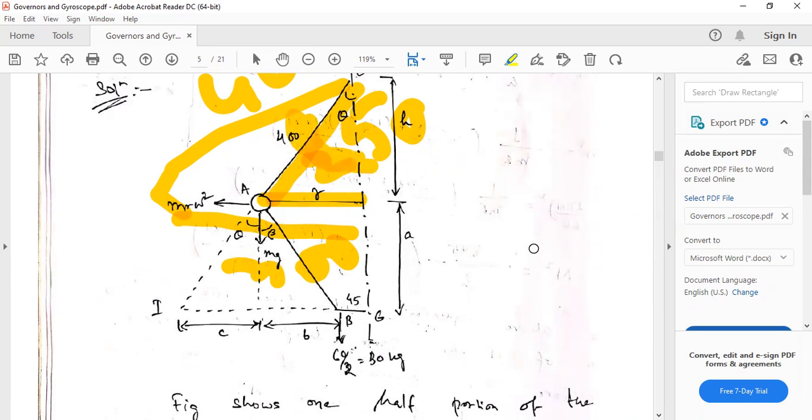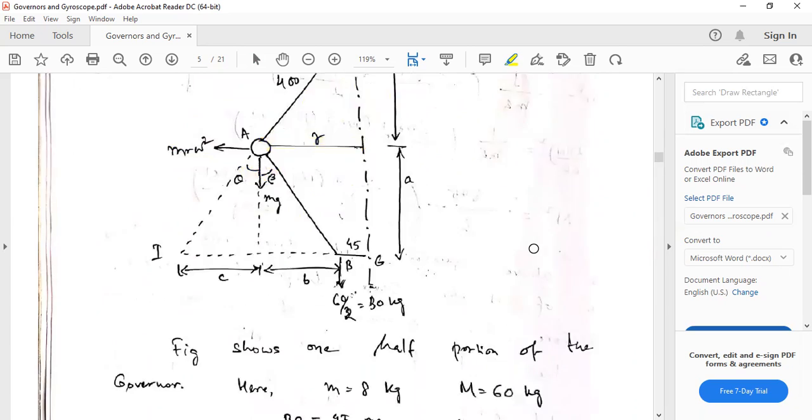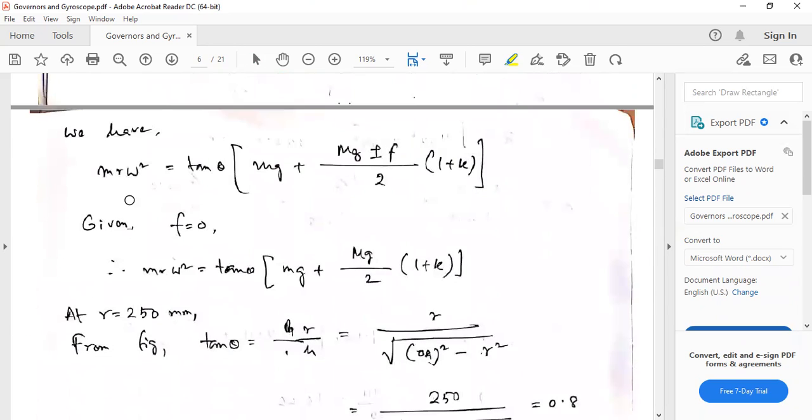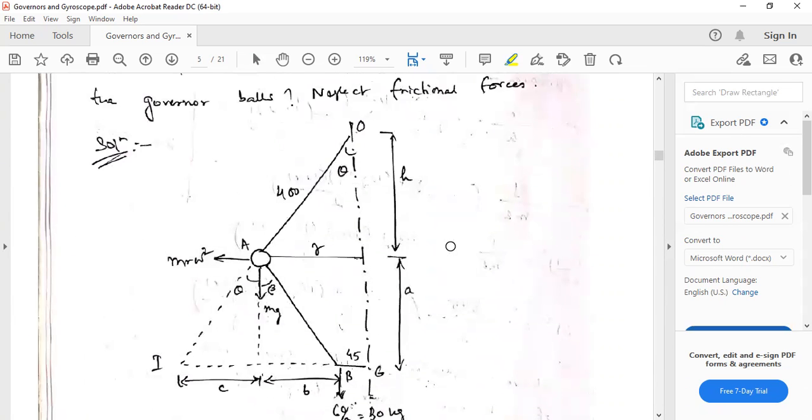So in both cases we have to find tan theta. Then we can use the equation, because everything else is known: m is given, r is given, omega they are asking. Theta you can find. Then capital M is known, and k can be known because of tan theta by tan beta. If you can calculate tan theta, you can calculate tan beta also.